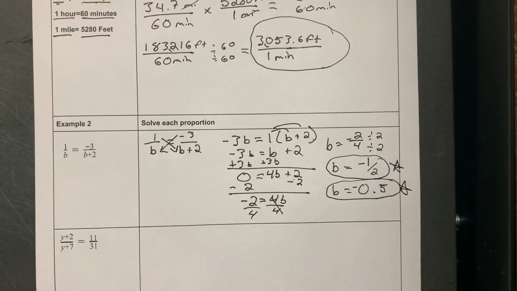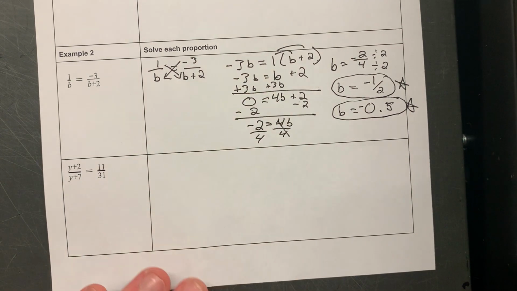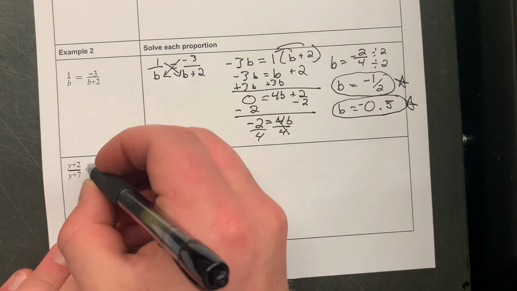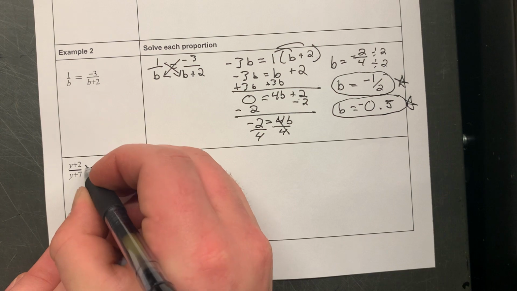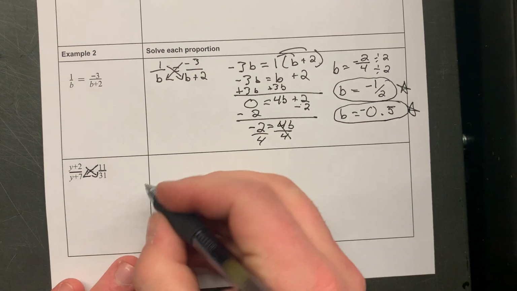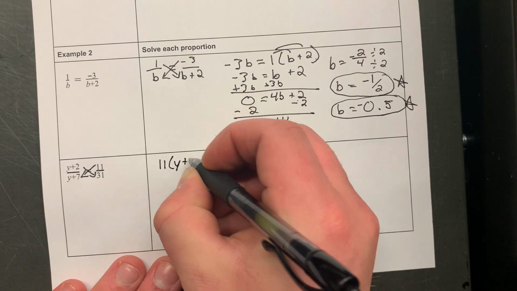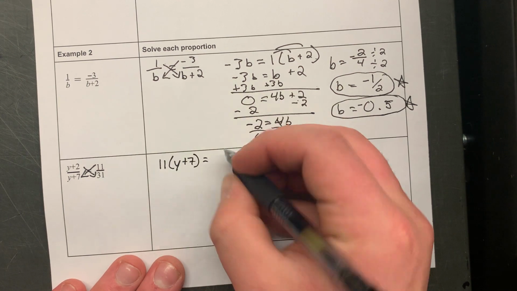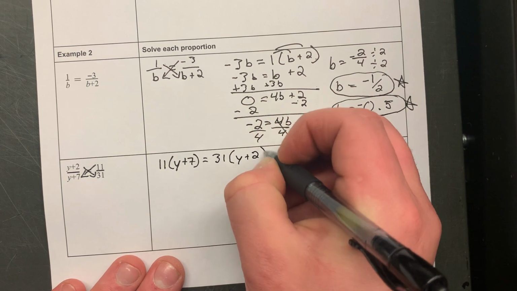Our last problem on this page today. On this page, we have one last one to do after this. First of all, I need to cross multiply. So I'm going to multiply y plus 2 times 31 and 11 times y plus 7. So when I'm doing that, I am going to rewrite it. 11 times y plus 7 is equal to 31 times y plus 2.